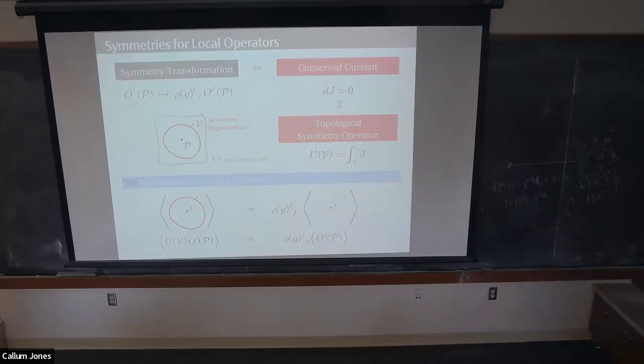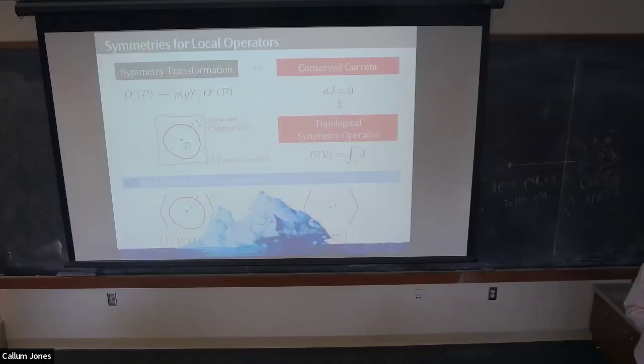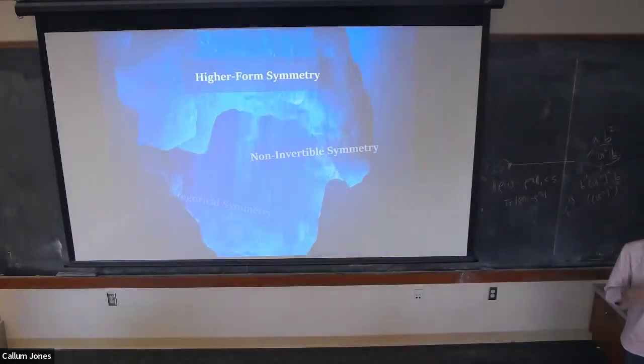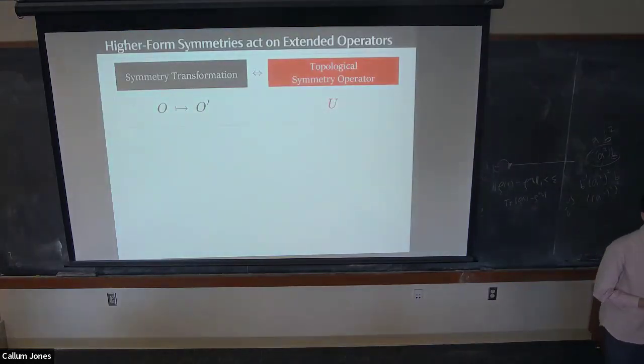So it turns out that the earlier textbook notion of 0-form symmetry is just the tip of a huge giant iceberg, and we then encounter a lot more generalized notions of symmetry. But in this talk, I will be focusing on the higher form symmetry, and in particular the 1-form symmetry.